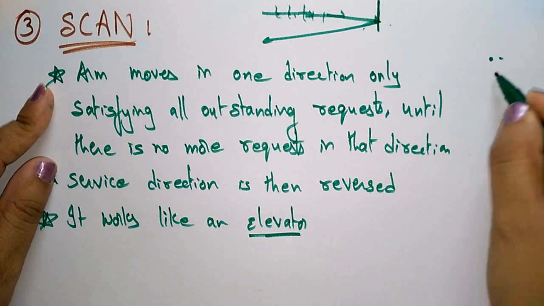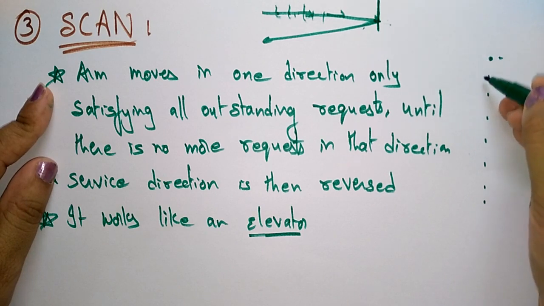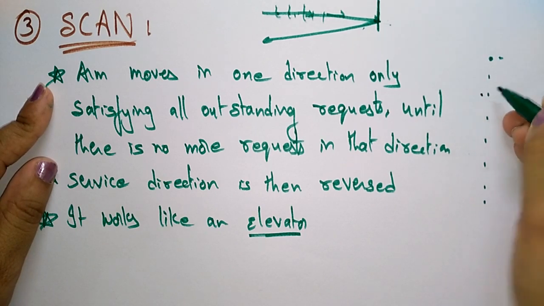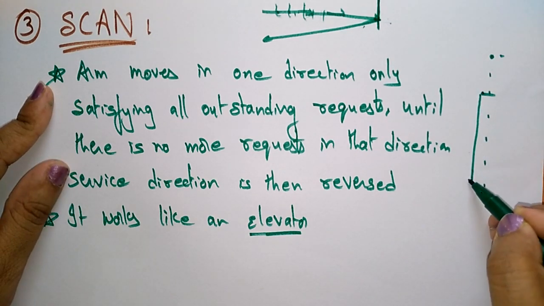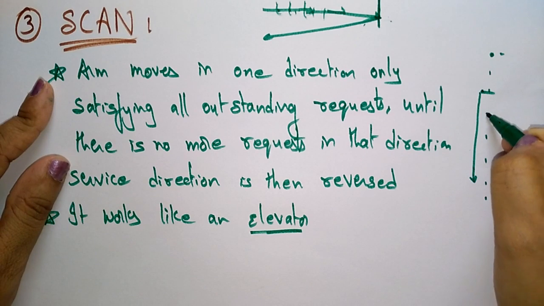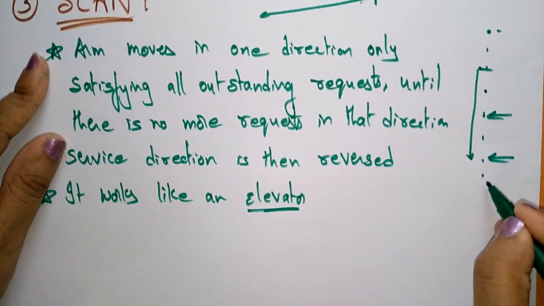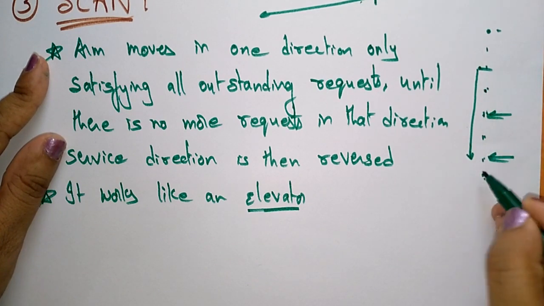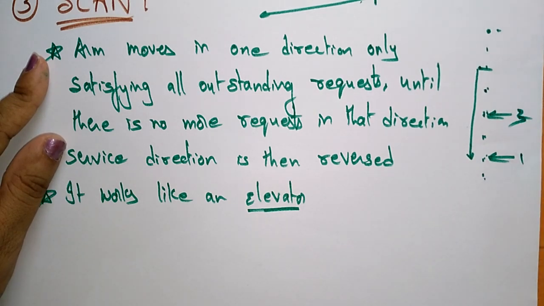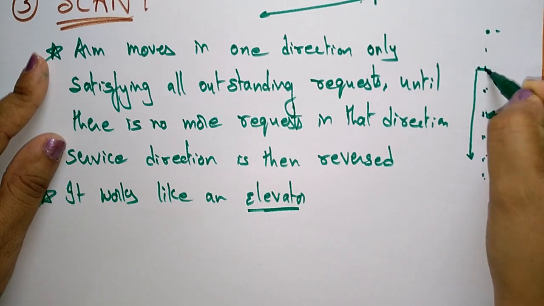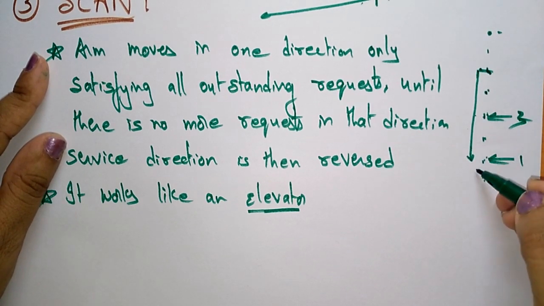These are the different floors, 0, 1, 2, 3, 4 like that. Suppose the first floor is requesting and the third floor is requesting, and the arm is in this position. So first it serves the third floor, next it serves the first floor.